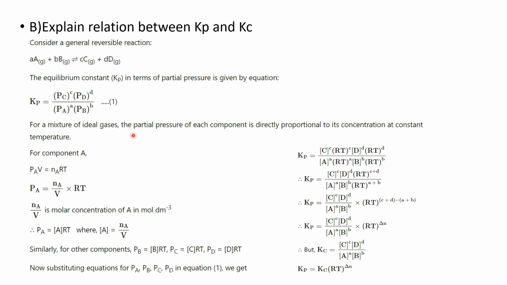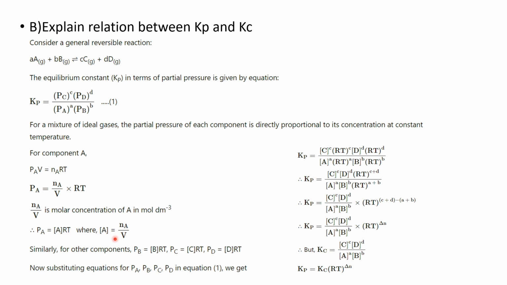For a mixture of ideal gases, the partial pressure of each component is directly proportional to the concentration at a constant temperature. That is, for the component A, we can write Pa into V is equal to na into RT, according to ideal gas equation, or Pa is equal to na upon V into RT, where na upon V is the molar concentration of A in moles per decimeter cube, or Pa is equal to [A] into RT.